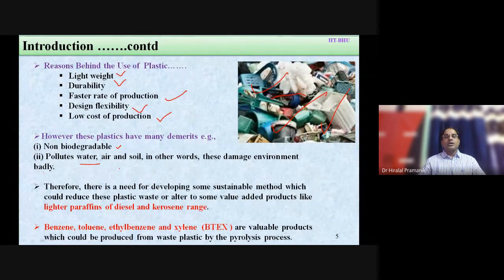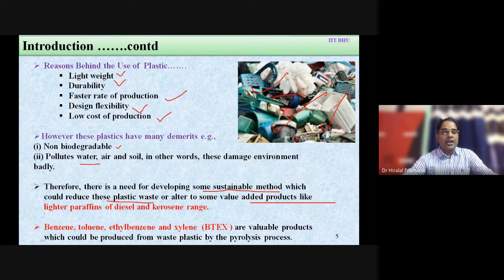Sometimes they block the drainage system of the city as well, and we see floods even with a shorter duration of rainfall, because they block our drainage system badly. Therefore, there is a need to develop a sustainable method which could reduce this plastic waste or convert it into value-added products.